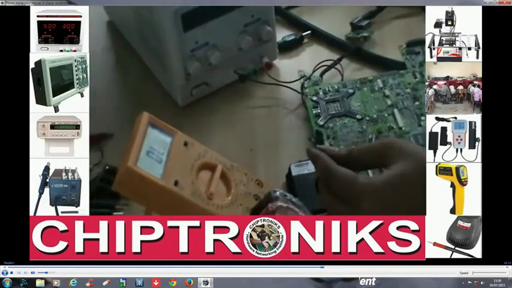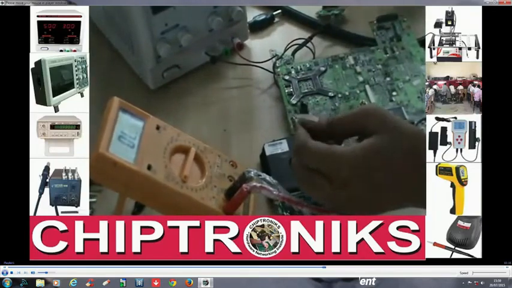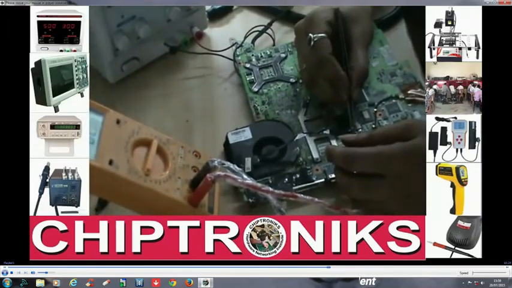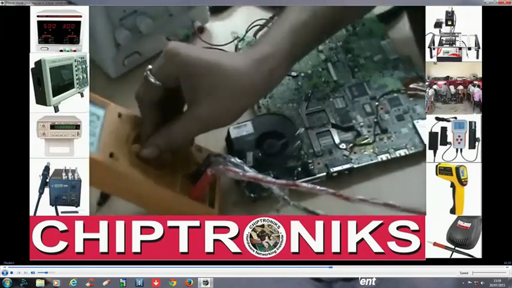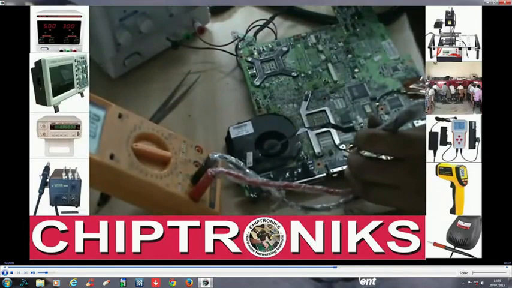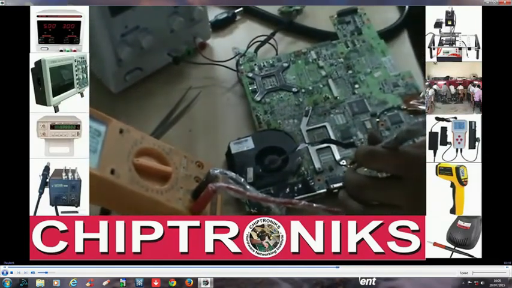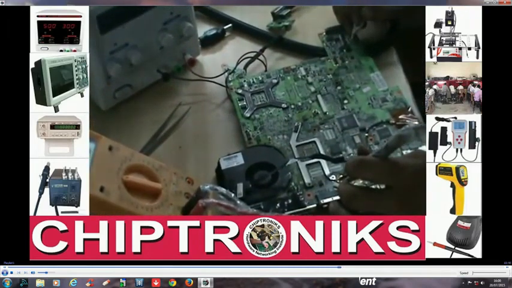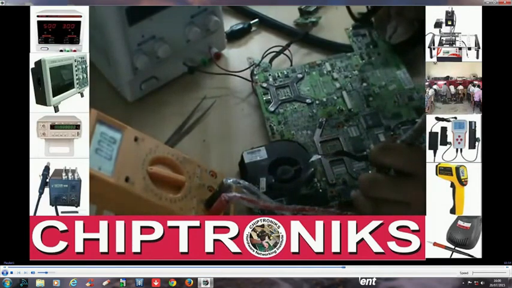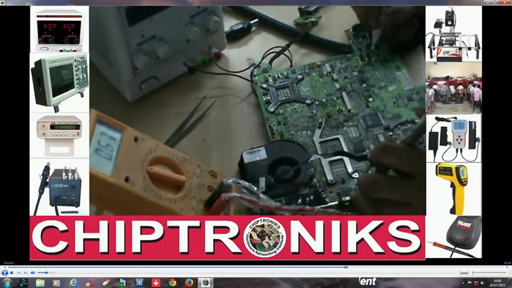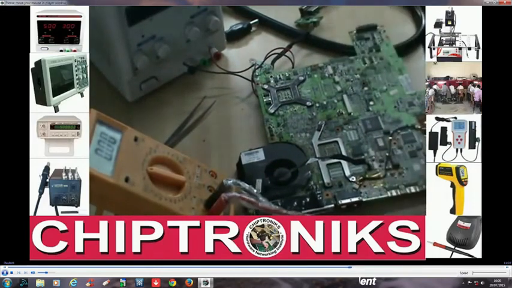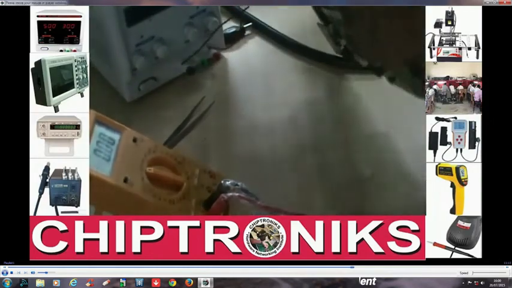And here I'll check whether our adapter volts are coming or not. No adapter volts coming.